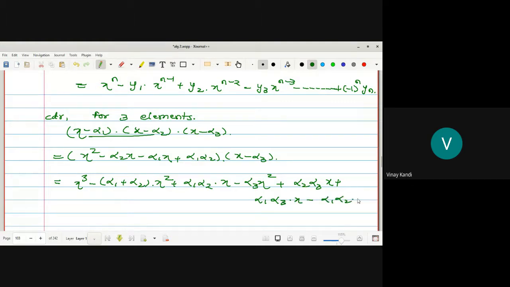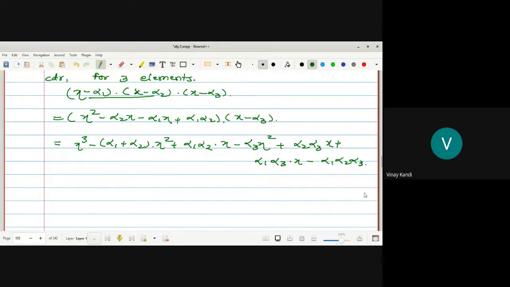After the rearranging we get this: x cube minus coefficient of x square.